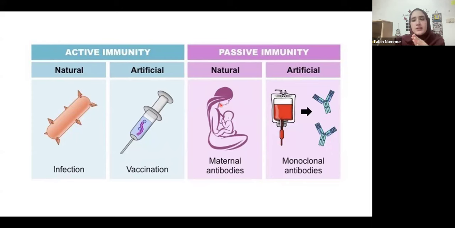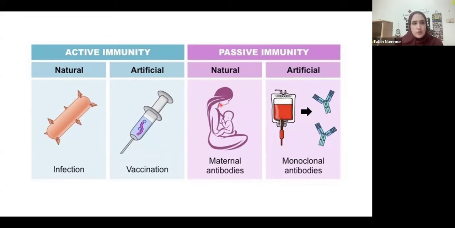When you get infected, your body will attack the virus, try to help you clear it out, try to make you feel better, and it will store memory cells, right? We're going to have memory B cells, memory T cells, all of those. So we put the patient under the same circumstances: we expose the patient to an antigen that is related to this virus by vaccinations, and this is considered active immunity.